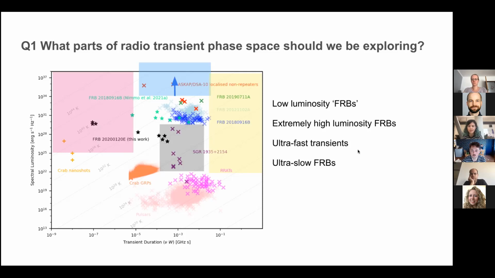But obviously we should be thinking about what we can currently do in terms of probing these areas of the parameter space, but also if there is a valid reason to explore a parameter space in terms of understanding the emission mechanism or neutron stars, or for whatever other reason, then if it's a good enough reason, you're going to want to build an instrument to do so down the line.